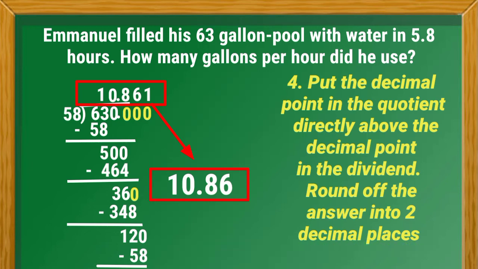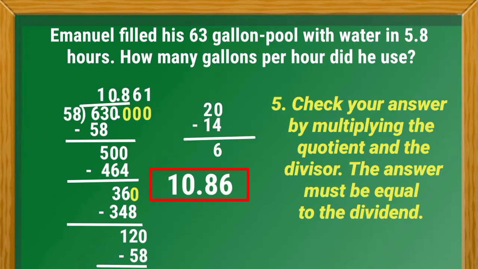Therefore, Emmanuel uses 10 and 86 hundredths gallons per hour to fill his pool with water. And step number 5. Check your answer by multiplying the quotient and the divisor. The answer must be equal to the dividend. In case there is a remainder, add it to the product.